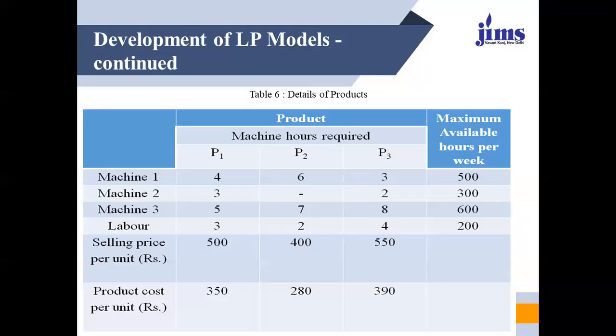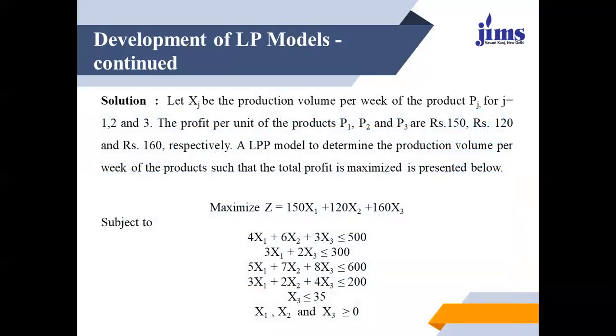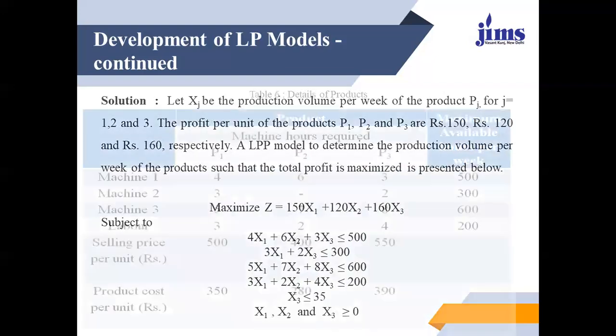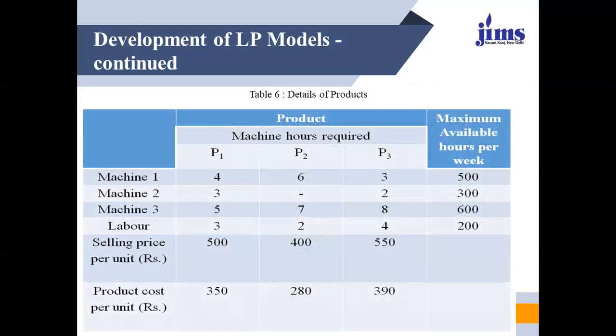And that for product 3 is 550 minus 390, it is equal to 160. So your total profit, maximize Z. Suppose we produce X1 units of P1, X2 units of P2, and X3 units of P3.